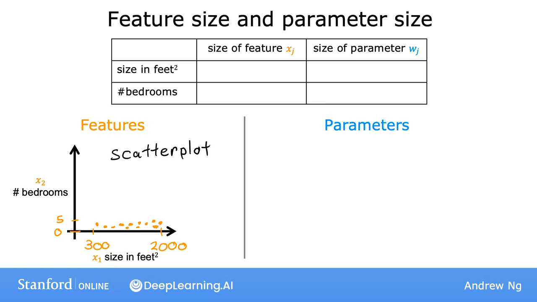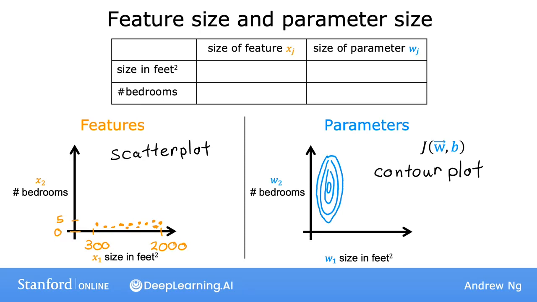Next, let's look at how the cost function might look in a contour plot. You might see a contour plot where the horizontal axis has a much narrower range, say between 0 and 1, whereas the vertical axis takes on much larger values, say between 10 and 100.